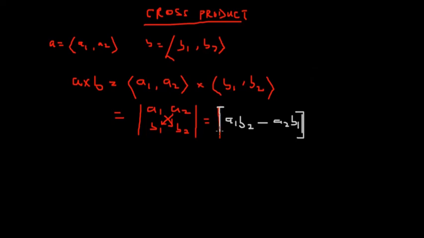Let's take a simple example. Let's say we have a vector A equal to (2, 1) and another vector B equal to (-6, 4).